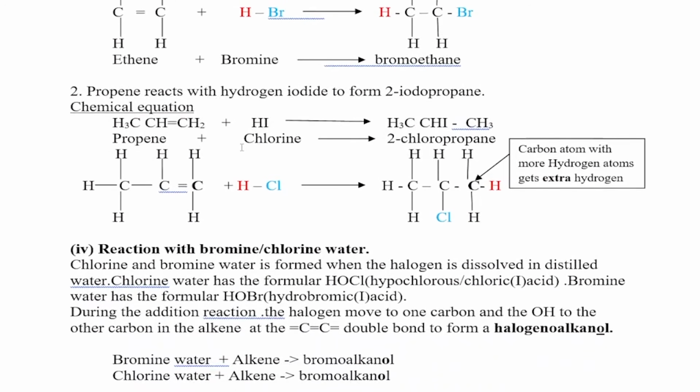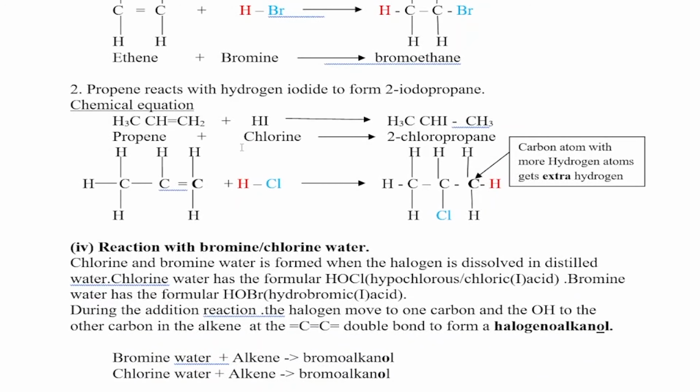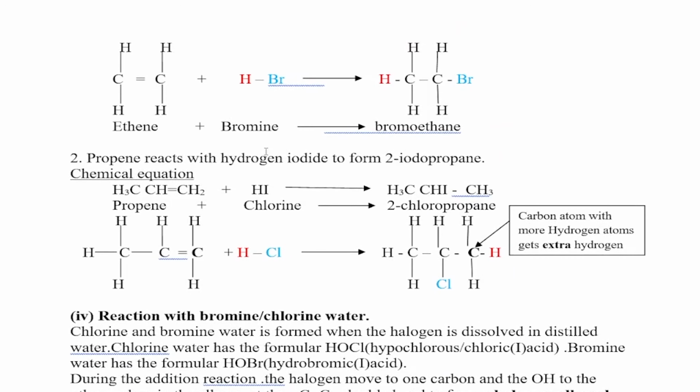One hydrogen goes on one carbon, the bromine goes on the other one, and I also get a compound with a single carbon-carbon bond. What you can see on the screen are examples of addition reactions involving hydrogen halides: HBr, HCl, or hydrogen iodide.